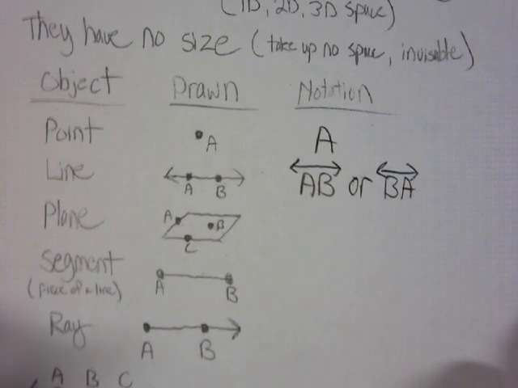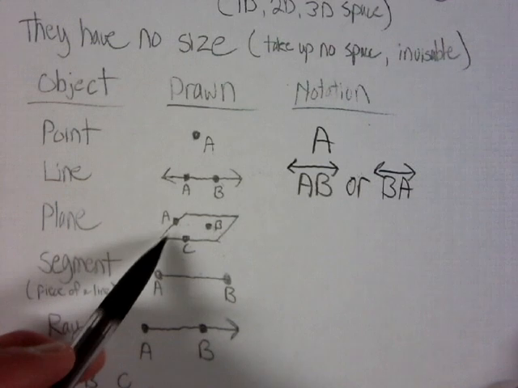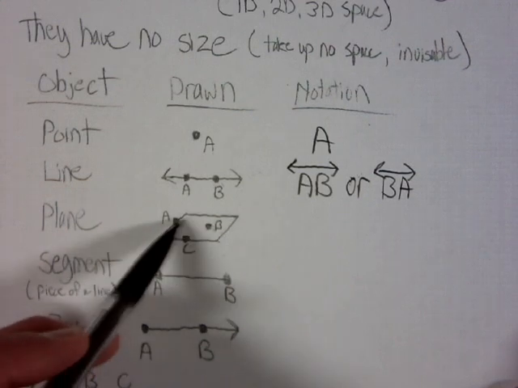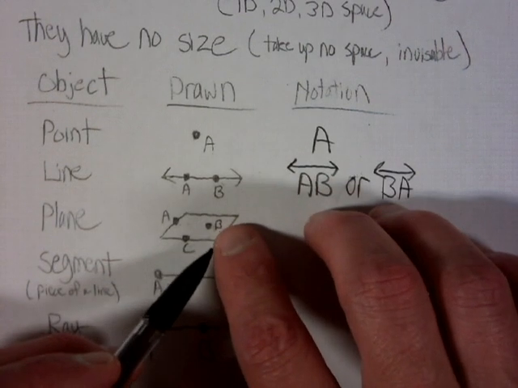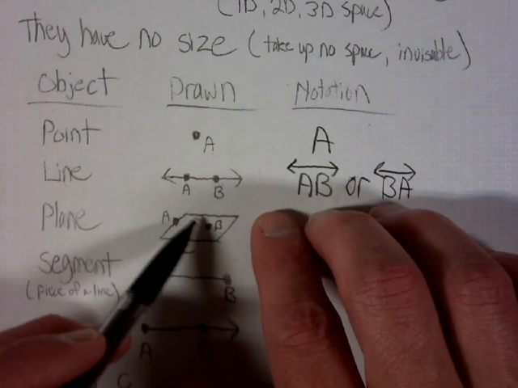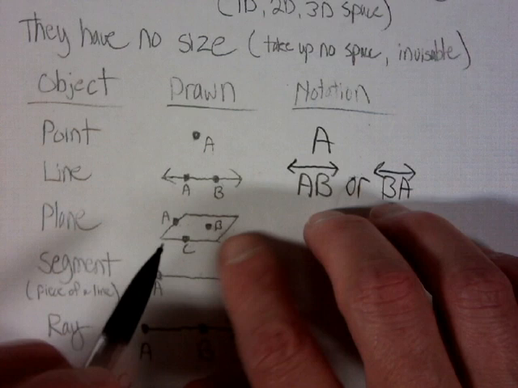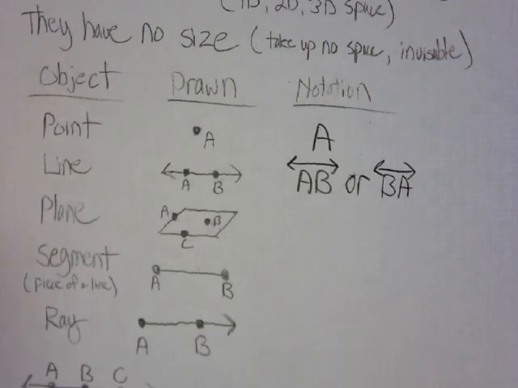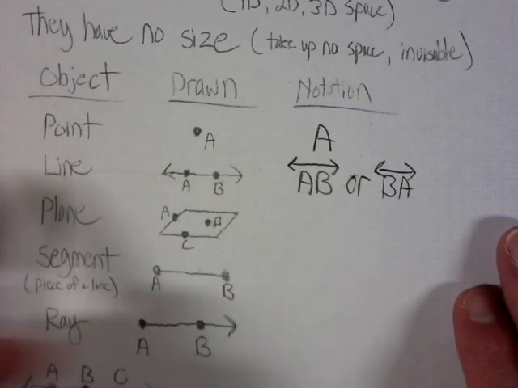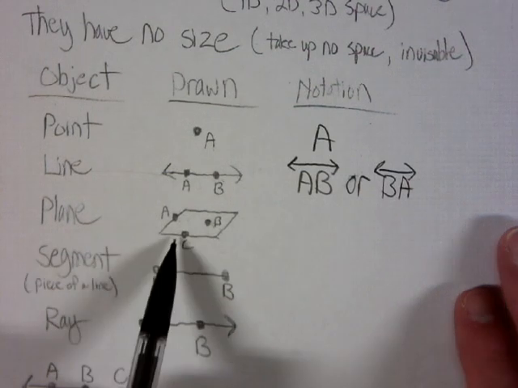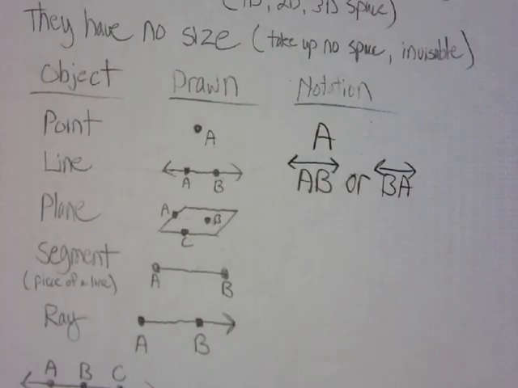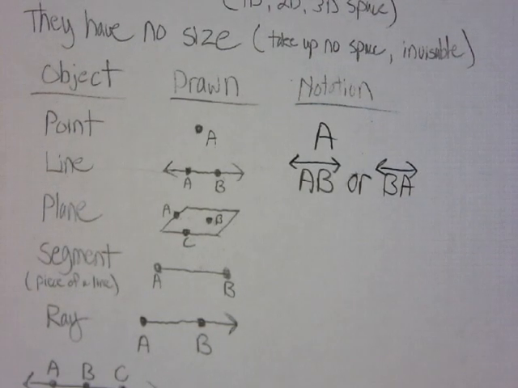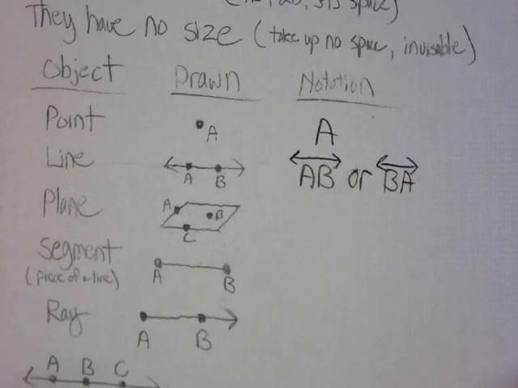For a plane, a plane is drawn using this representation. A plane is really a 2-dimensional figure that extends indefinitely in many directions. A line just keeps going forever in 2 directions. A plane keeps going forever in many directions. This is the drawing that we use to represent a plane.